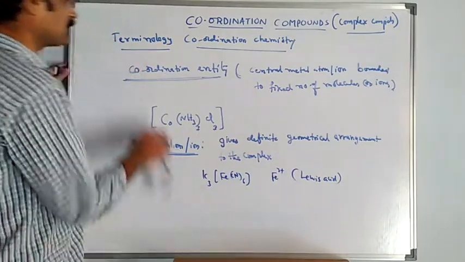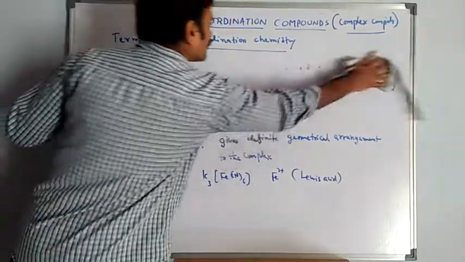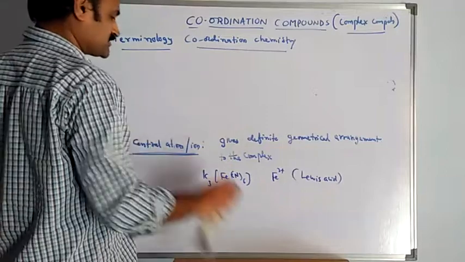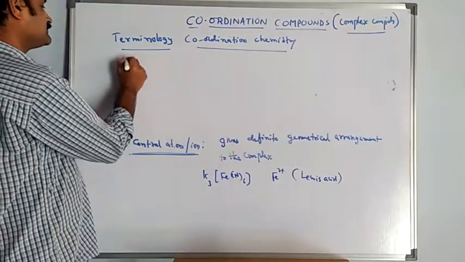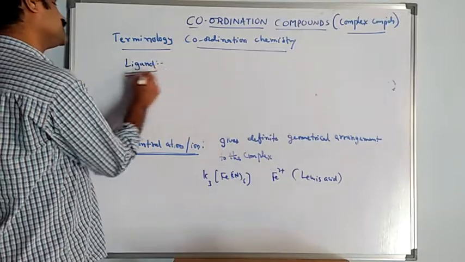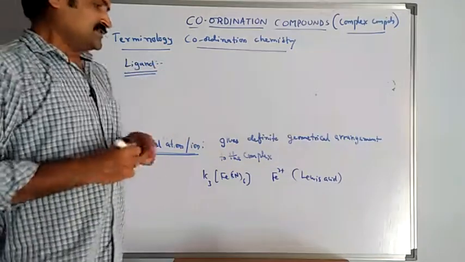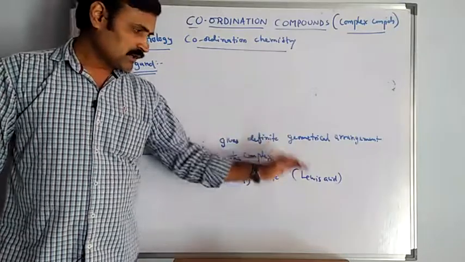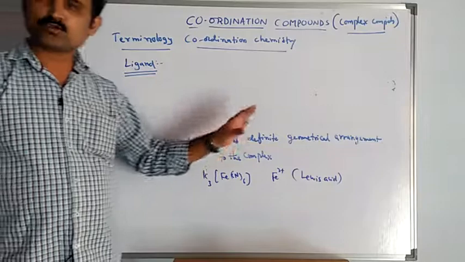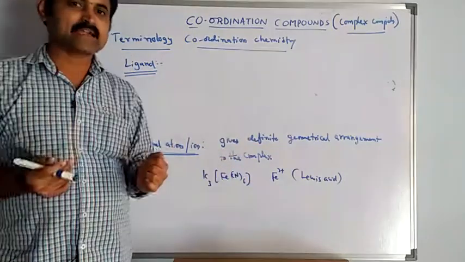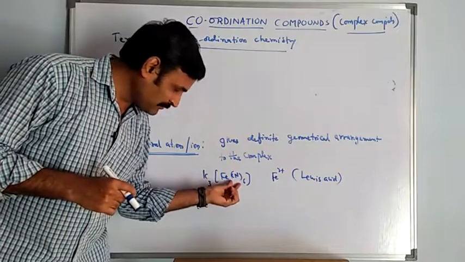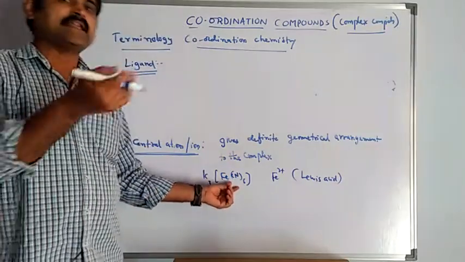Next important terminology, the most important terminology in coordination chemistry, that is ligand. Just now I told about the Lewis acid role. The central metal atom's role is accepting electrons. So when it is trying to accept electrons, the CN minus ions are trying to donate electrons.